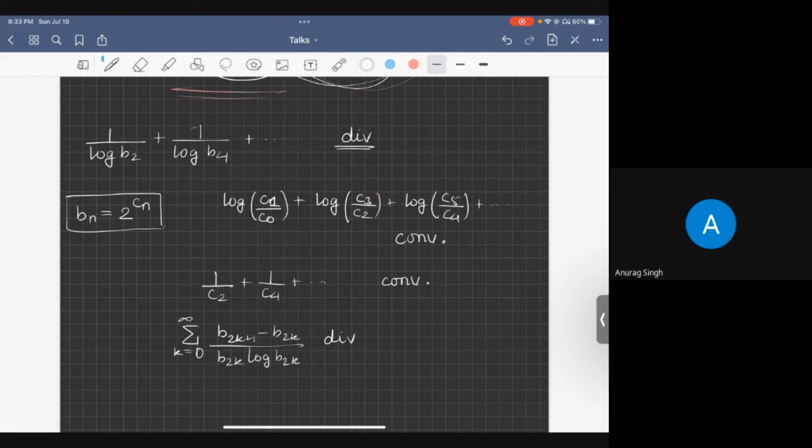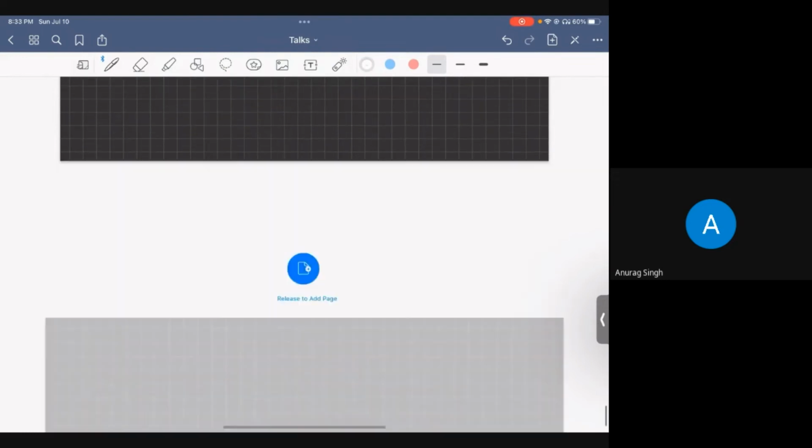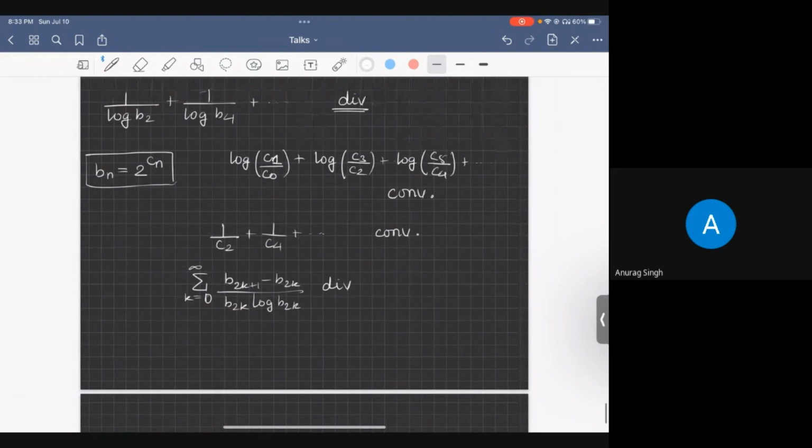Well, no, I mean it could be the square. Ck could be k square. That's a polynomial. Polynomial or exponential, both work, right? You could also have something smaller than exponentials, so it's not like you need it to be exponential.